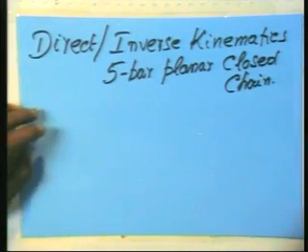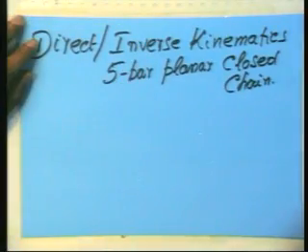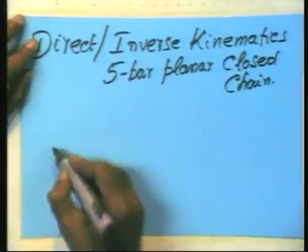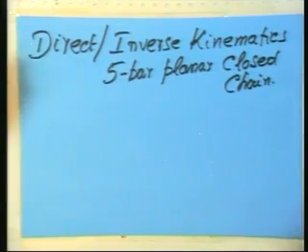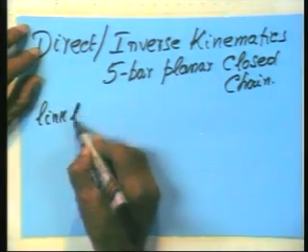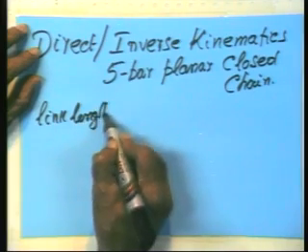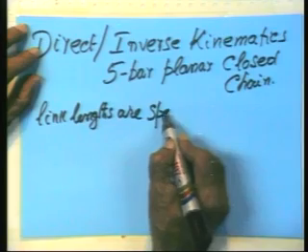In the direct kinematics, what do we say? The angles are given and you have to find the position of the end effector. Let's try to draw it. Link lengths are specified. That is the correct word I should use.